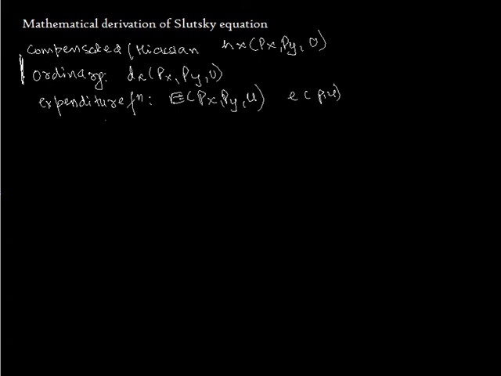In case I want to achieve U bar and income is exactly equal in both the cases, then we say that Hx(Px, Py, U) is equal to dx(Px, Py, U).